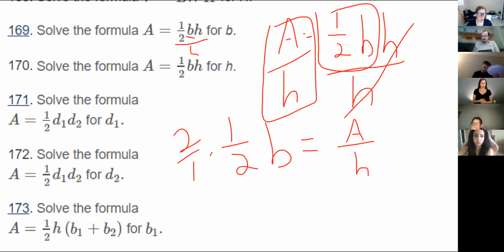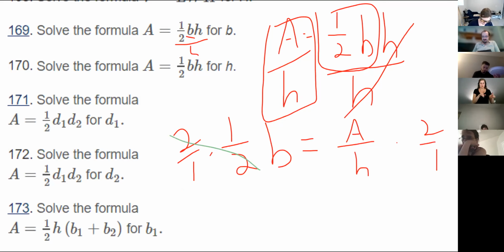We multiply by the reciprocal there. This should simplify out that side, and we should get.